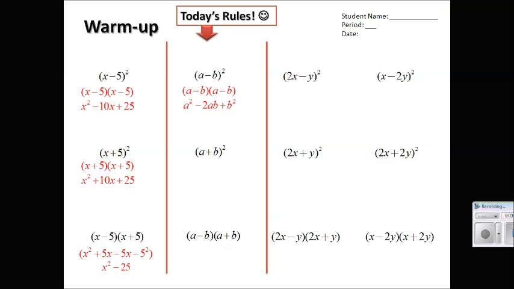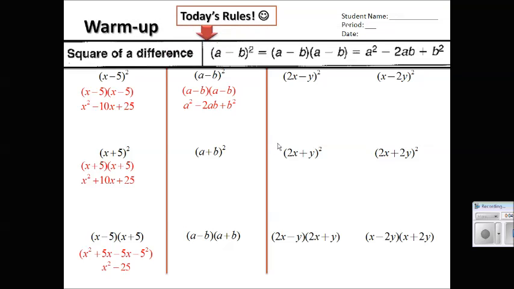So, any situation, whatever this value is before the subtraction, whatever this value is after subtraction, if it's in a squared format like this, you can simply write the answer if you can identify the a and the b. This is called the square of a difference. Now, obviously it's a square of a subtraction, but this is how they state it. And you can go straight from here to your answer.